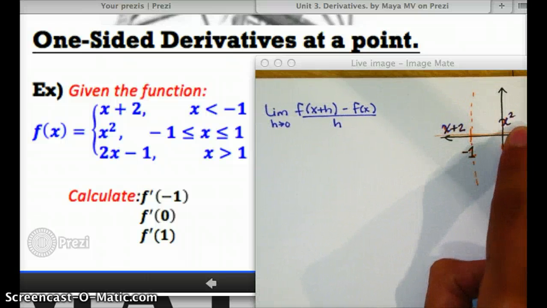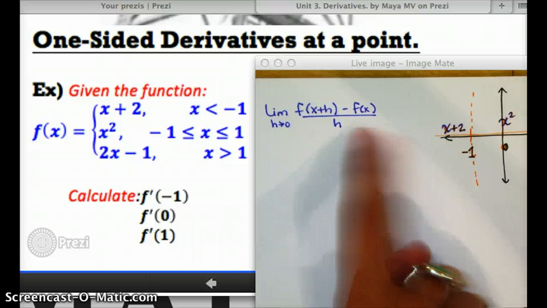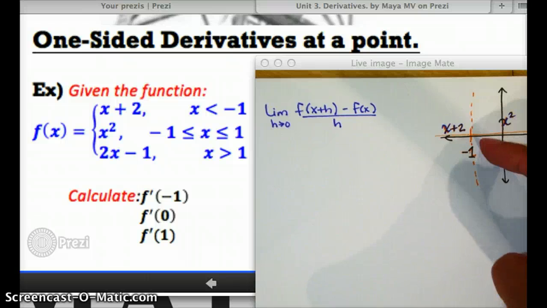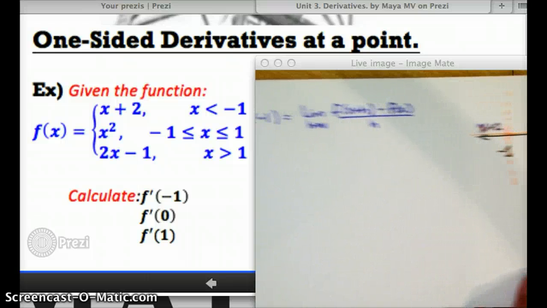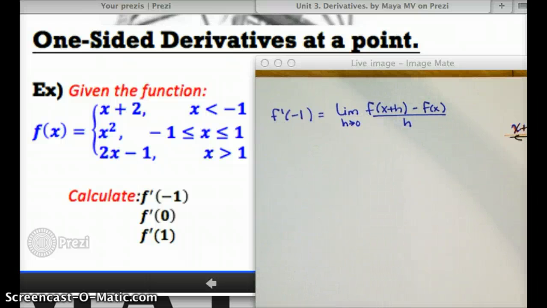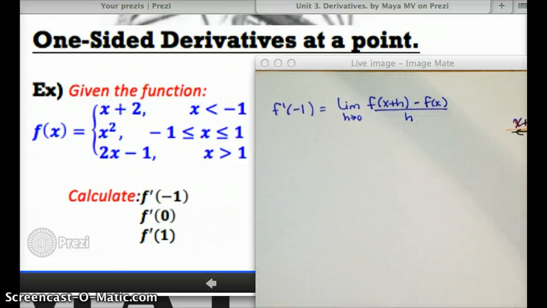This limit is going to have a different function coming from the left and a different function coming from the right. What that means is we actually need to expand our understanding of what the derivative is, and this is where the definition of derivative is going to rely on what you already know about limits.